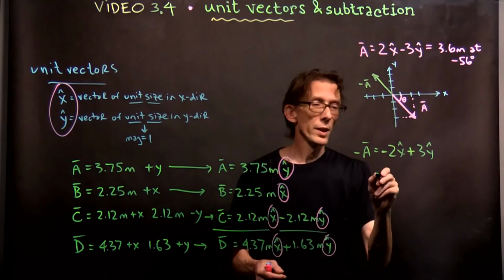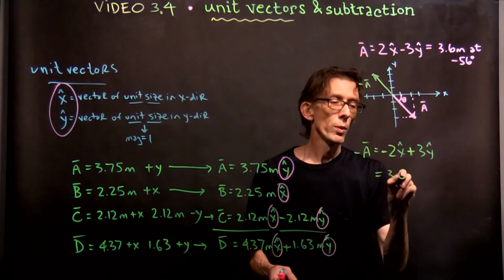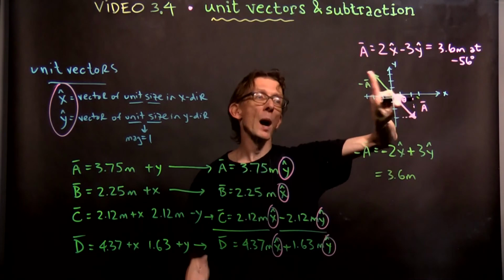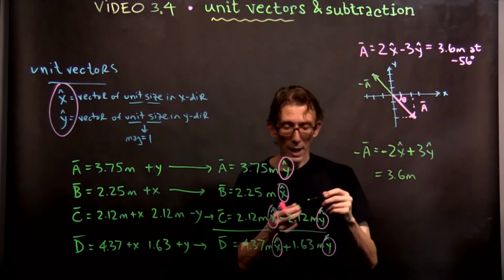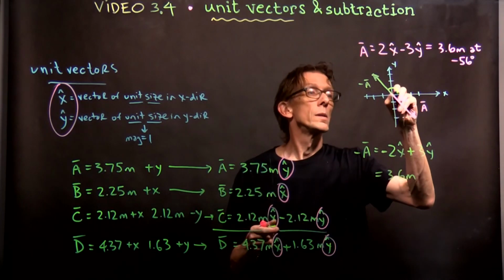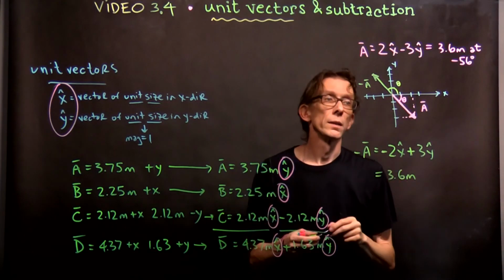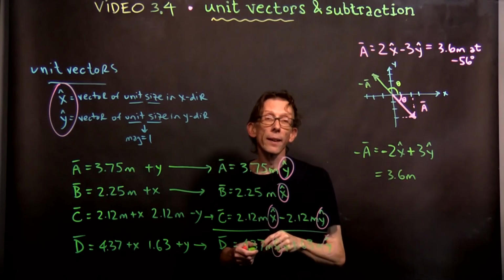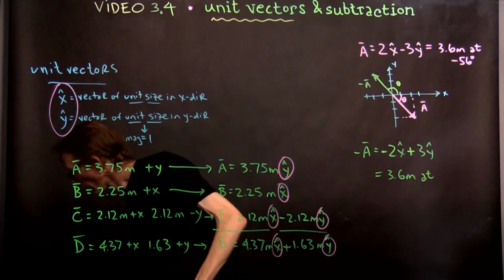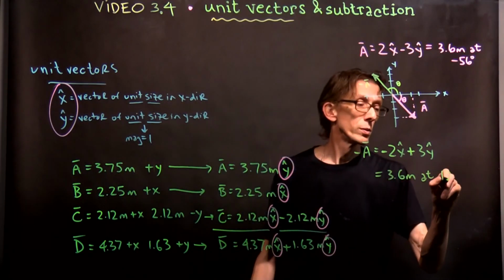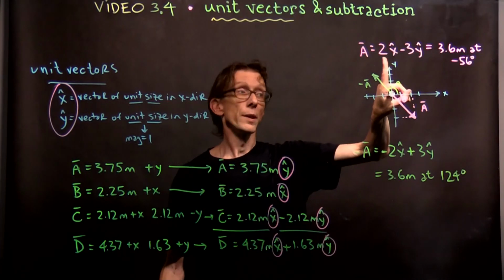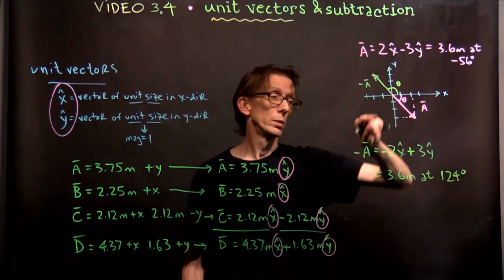But I can also write this as 3.6 meters, and it's the same magnitude, but the exact opposite direction. Now we have this angle here, green theta, and that will be at 124 degrees. Right, 0 this way, 90 there, and then plus some more to 124.